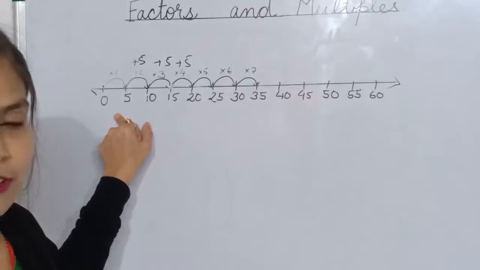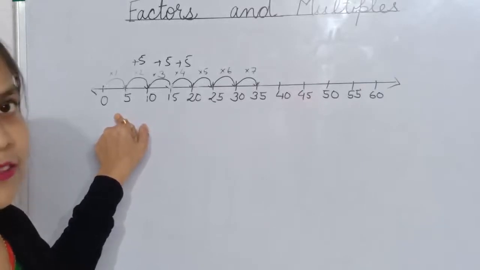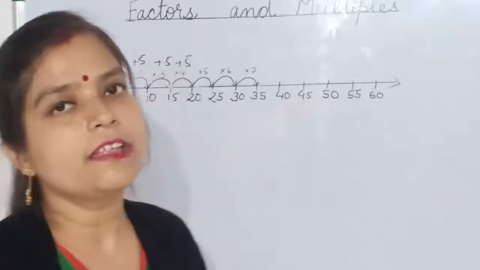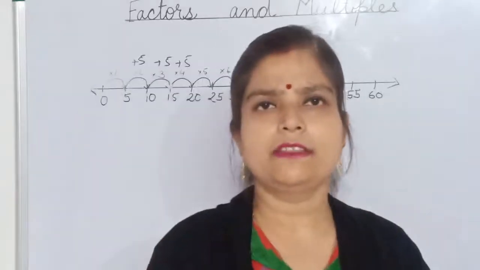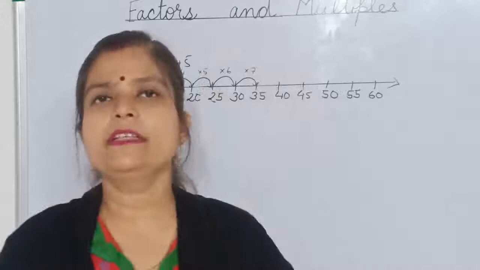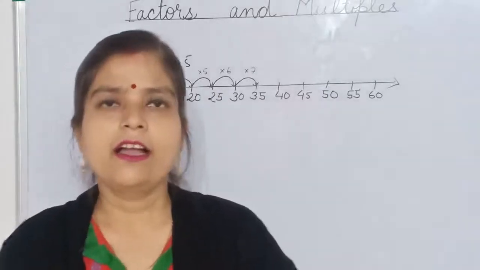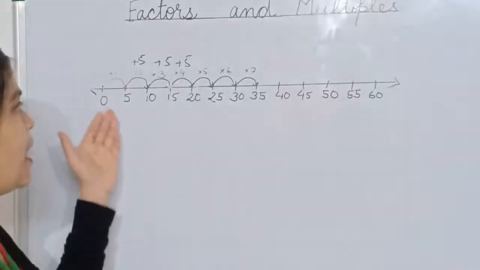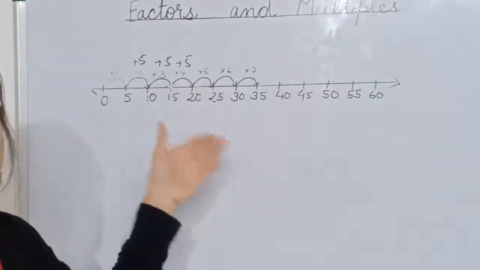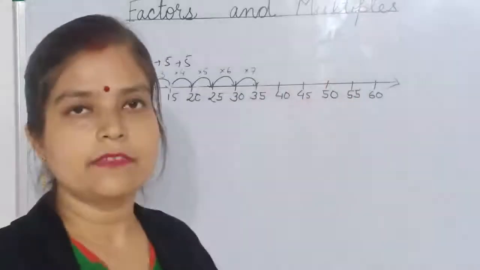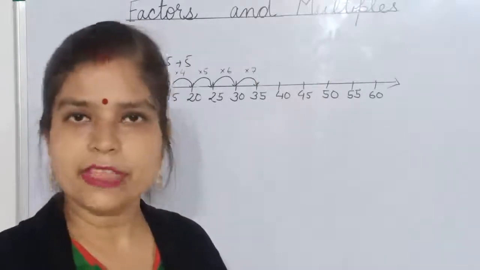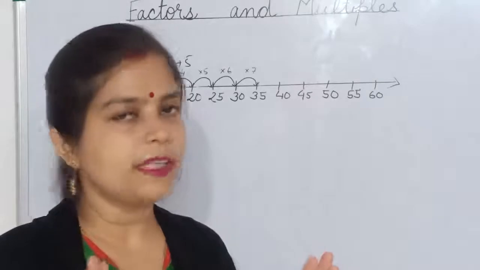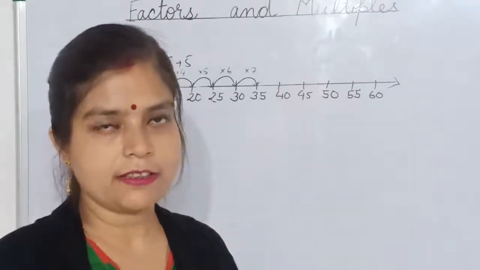Understood all of you? The factor is the number by which we can divide the number completely without leaving any remainder. And the multiples are the numbers which we get after multiplying that number by 1, by 2, by 3 or whatever. That is known as the multiples of that number. Is it clear to you all what is multiples and what is factor?